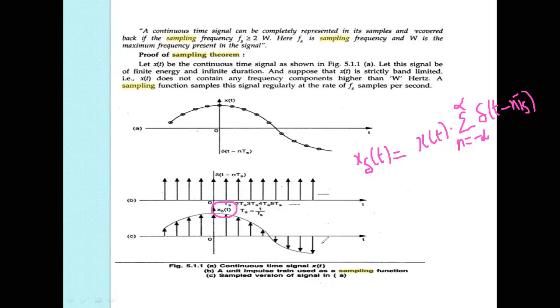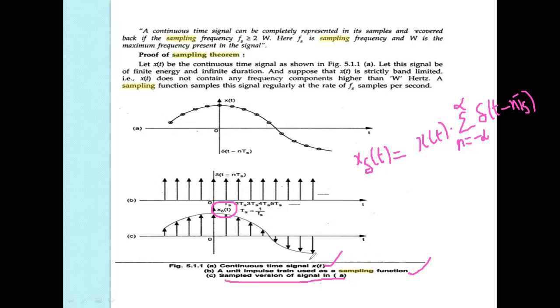Combine the function. Okay, figure A shows the continuous time signal and B is the unit impulse train used as a sampling function. And C is the sampled version of the signal.